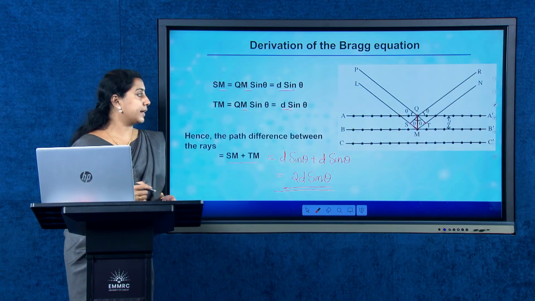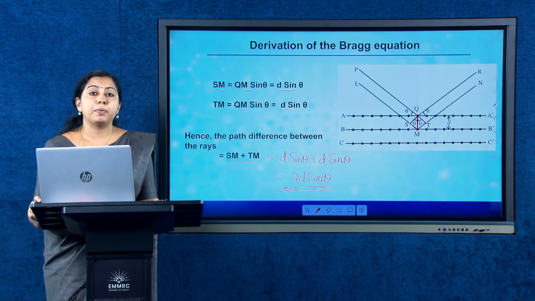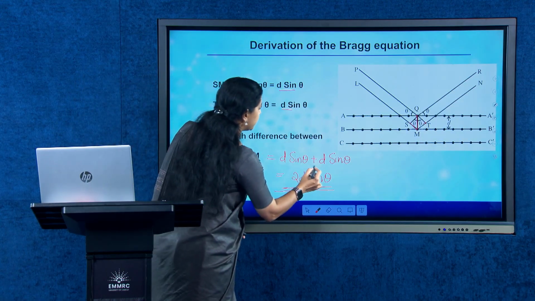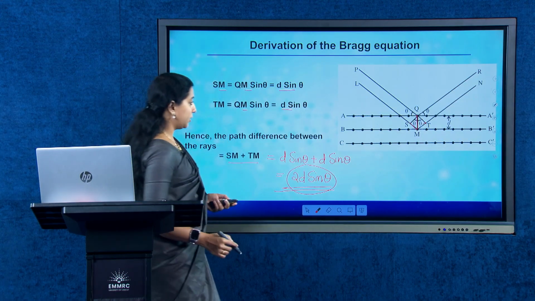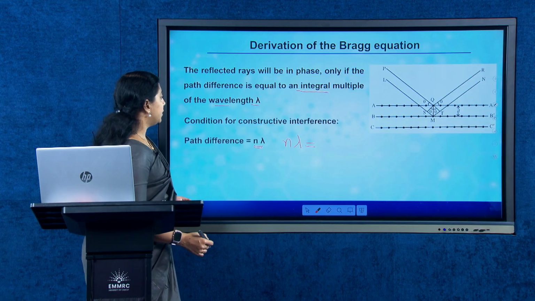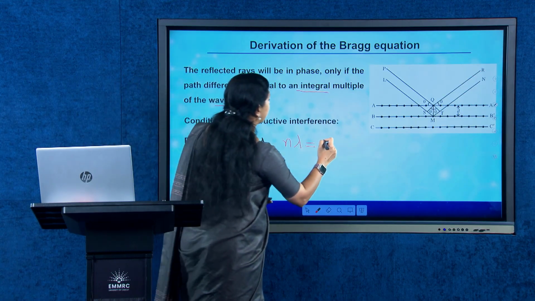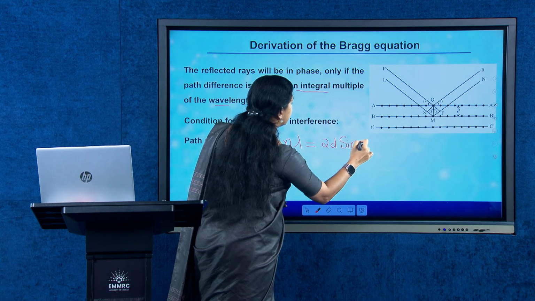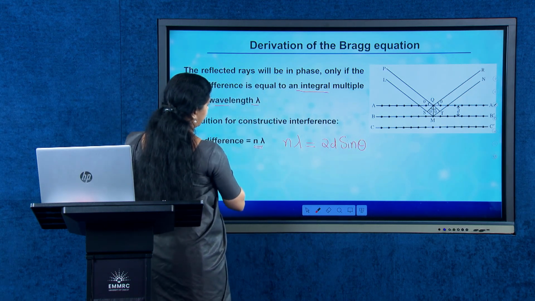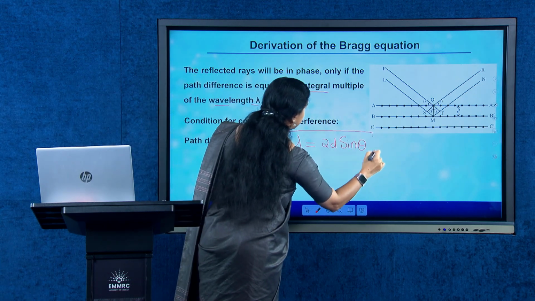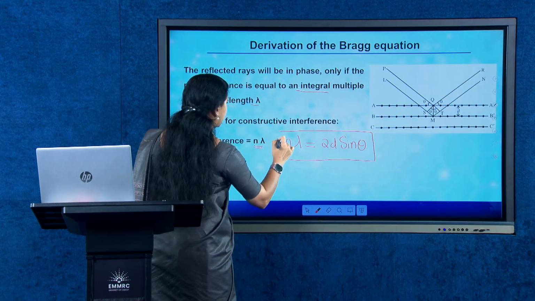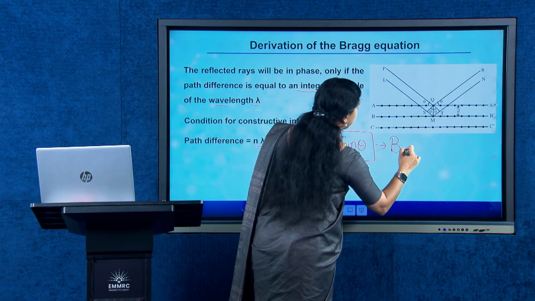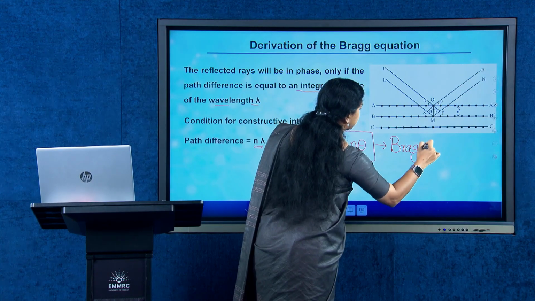In the previous slide, we saw that the path difference between the rays, from the figure, is 2d sin theta. So, here we can write n lambda is equal to 2d sin theta. This is what is called Bragg's equation or Bragg's law.